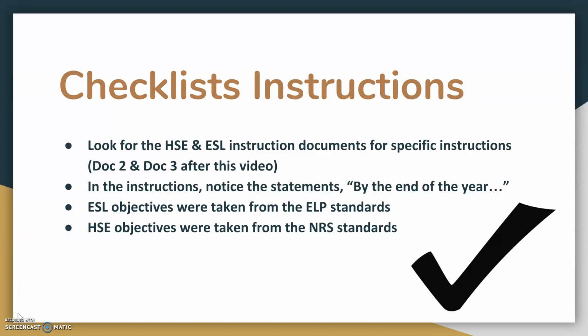Keep that in mind as you plan the components to be checked off. If you are at the beginning of the term, the middle of the term, or at the end of the term, your expectations should reflect that. There is some room for interpretation here. On the instruction sheets, you will be able to see where these checklist items came from. ESL items came from the ELP standards, and the HSE items came from the NRS standards.